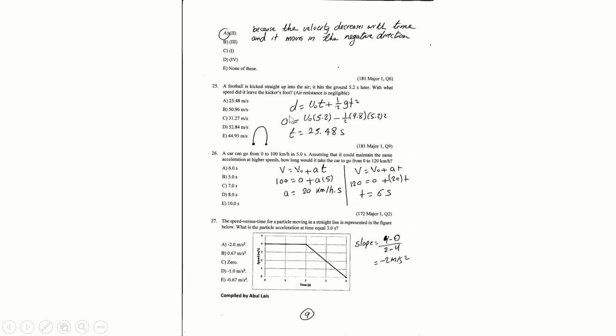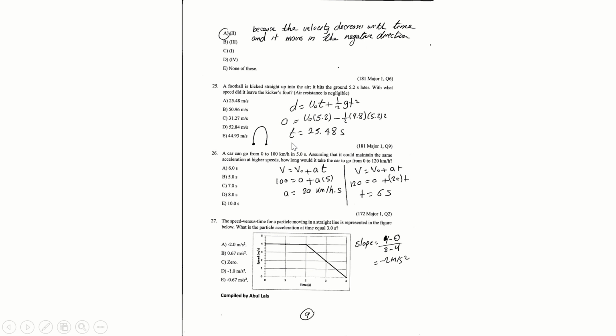But you will notice here that I put 0 for the distance, because this d is not the distance, this d is the displacement. And if the ball starts from the ground and ends back at the ground, then the total displacement is 0. So that's why I put 0.